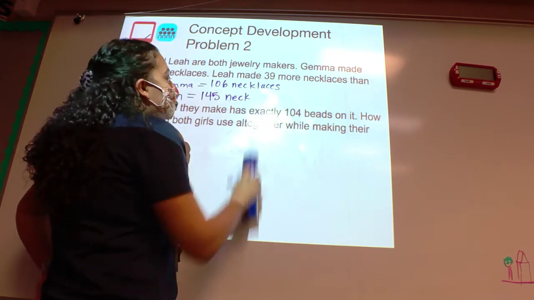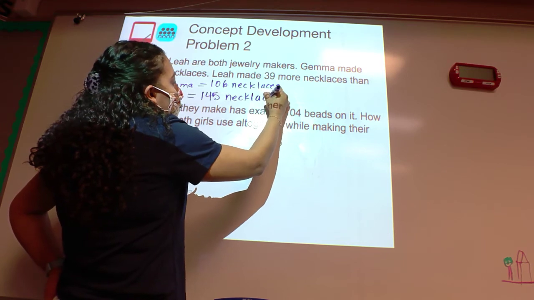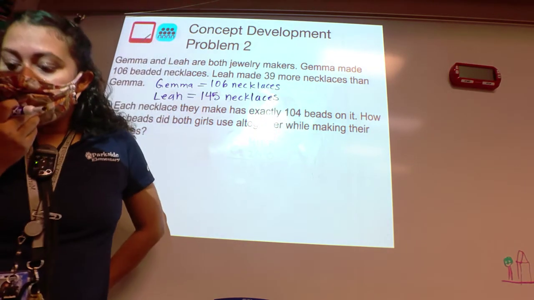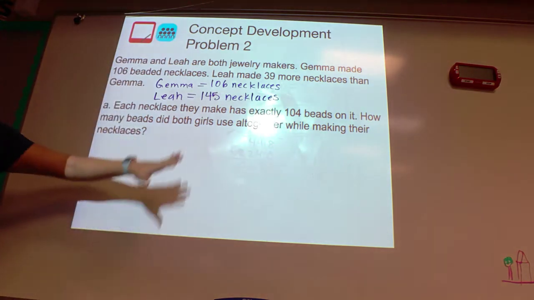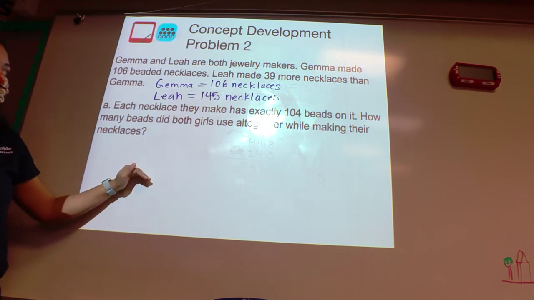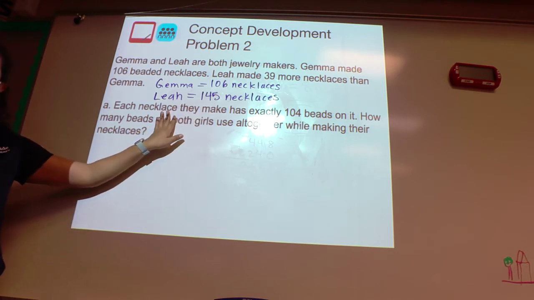Wait, how much money did it cost? That's my curiosity. Okay, so now in order to solve A, we will need to do what? How many beads did each girl use? So we know how many beads are in each necklace.